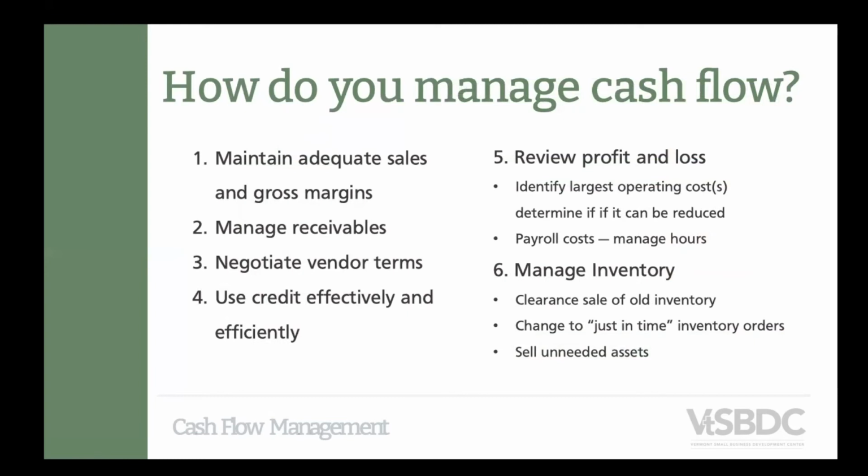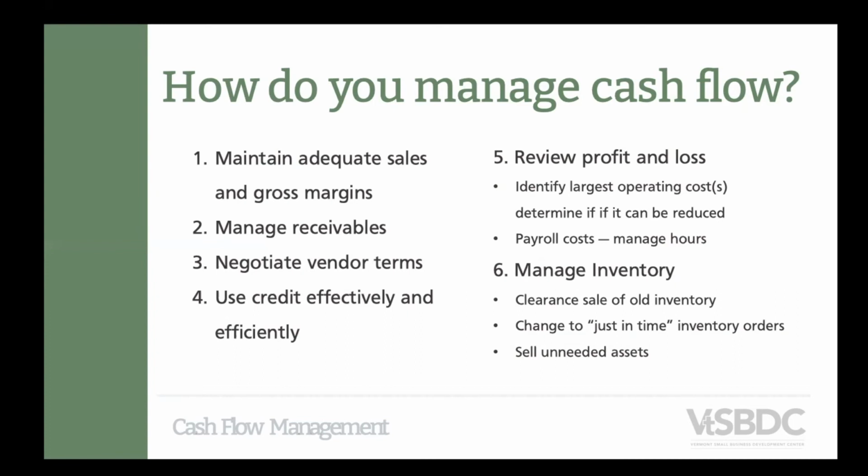Number two, manage accounts receivable. Oftentimes when a business offers credit to their customers, there's times where you offer those terms at a reasonable pace. Oftentimes it's net 30 days, and that means your customers are expected to pay you in 30 days' time. Now, there's a tool that Carol has mentioned, I'm sure, called an accounts receivable aging report.